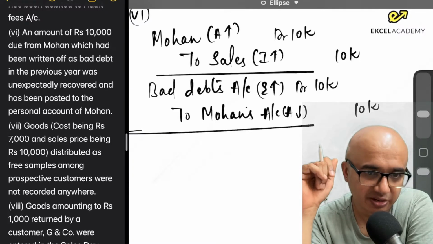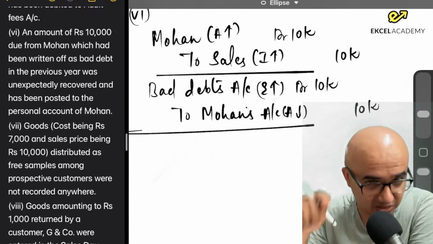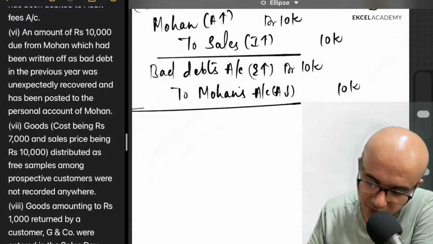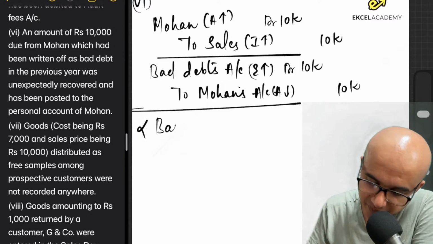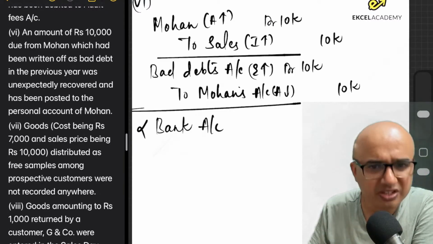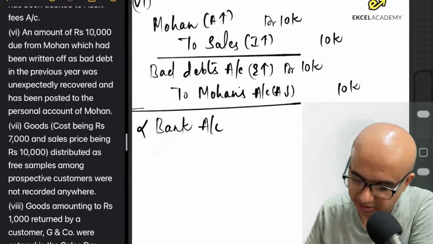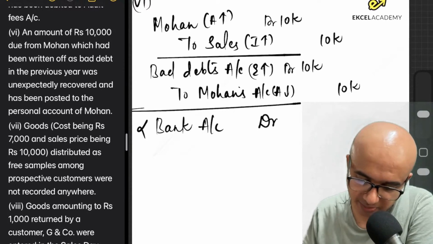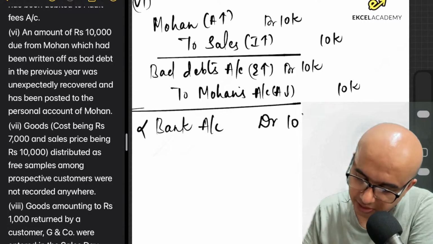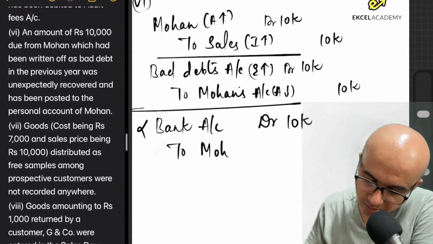No, there is no balance here. So now in this context, let us try to understand what is the wrong entry which they have passed. The entry which they have passed is this: bank account debit. We'll always use bank account for receipt of money. Will not use cash. Okay. Bank account debit. How much? 10,000 to Mohan's account.